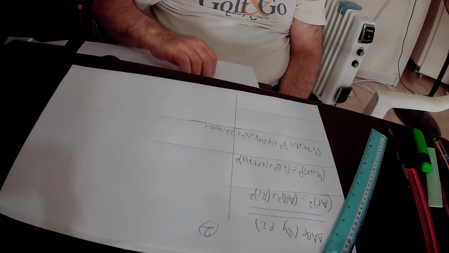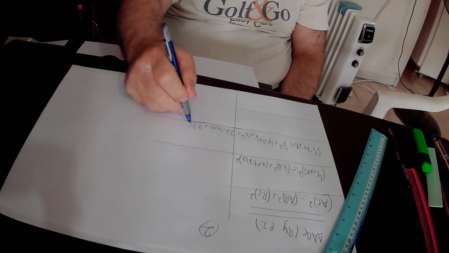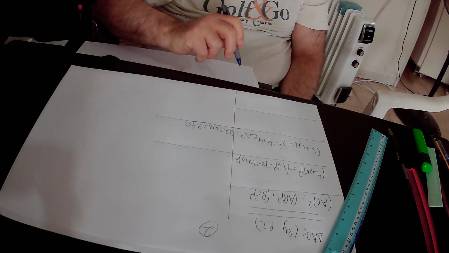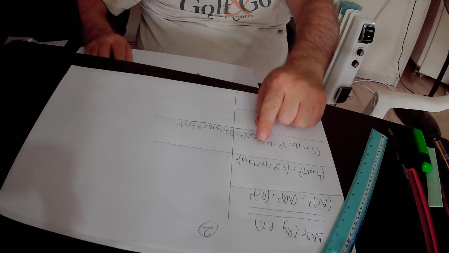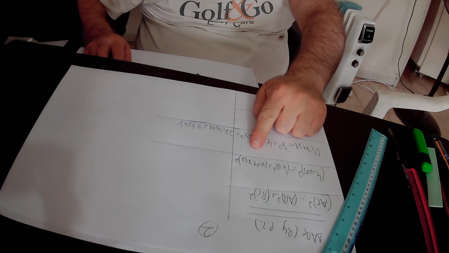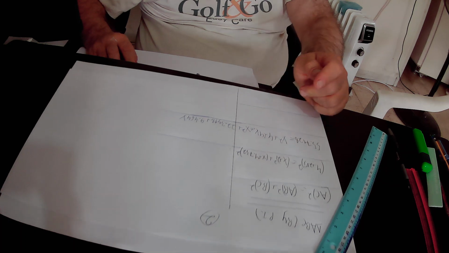That is actually equal to 9.464x. Again, 2 times x times 4.732. In total, this equals 9.464x.